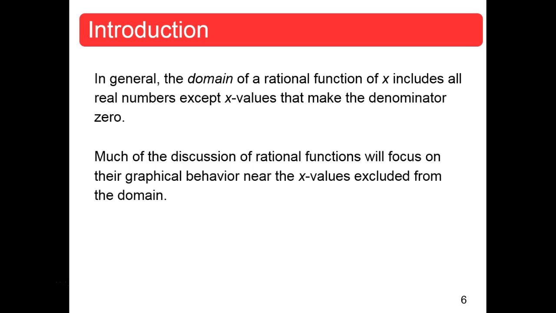Much of the discussion of rational functions will focus on their graphical behavior near the x values excluded from the domain. So in other words, near those places where the denominator is equal to 0. That's where we will focus a lot of our graphical attention.